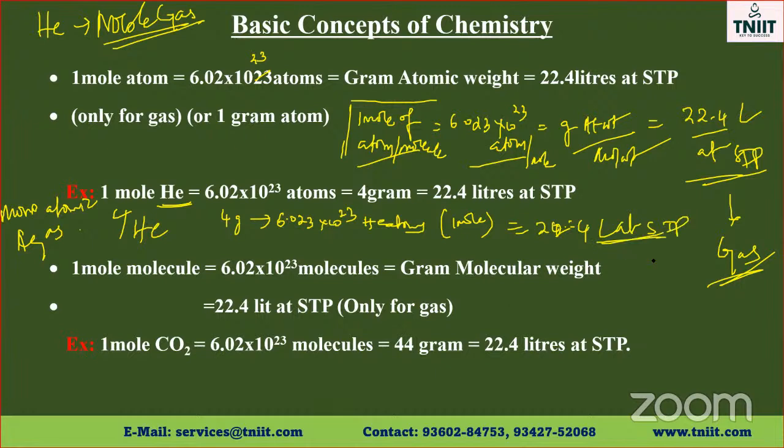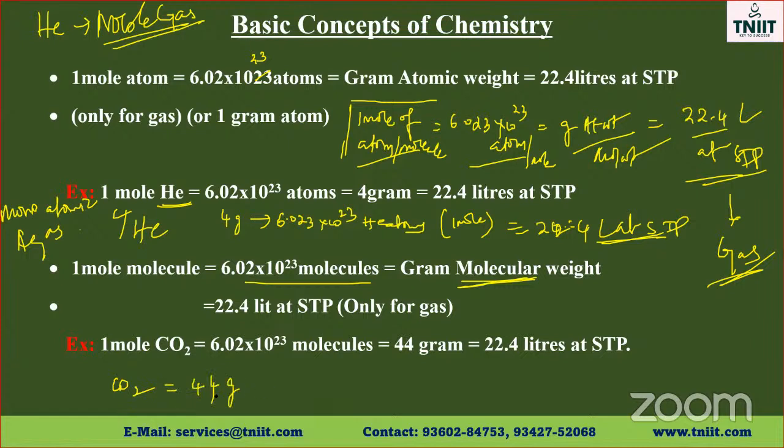So you can consider this for any gas. Since we are talking about helium, I am teaching with helium. 1 mole of a molecule contains 6.023 × 10 power 23 molecules, which is equal to its gram molecular mass. Now, for example, carbon dioxide is a molecule. The molecular mass of carbon dioxide is 44.